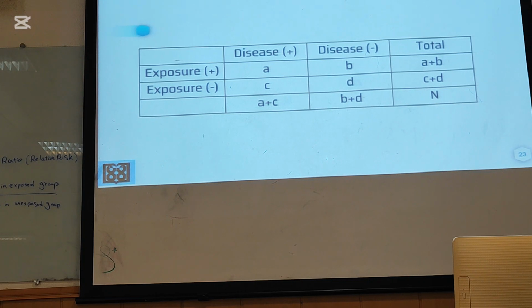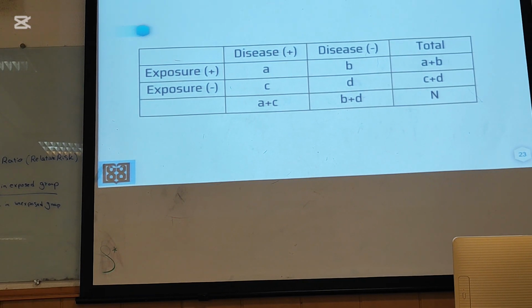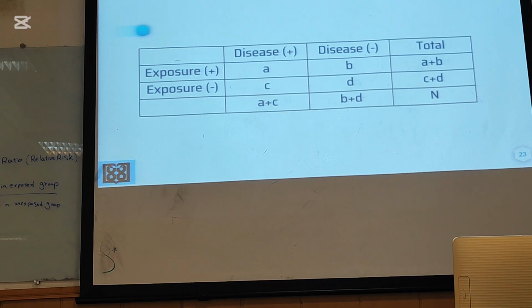What does it mean, binary? It means our outcome has two types, having or not having. For example, our exposure has two types, being exposed and non-exposed.